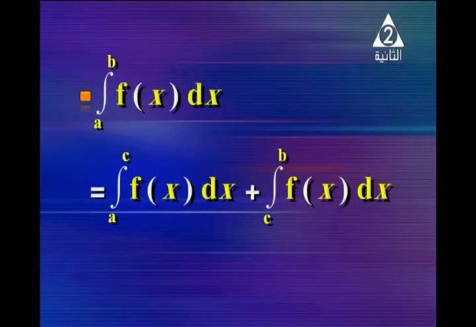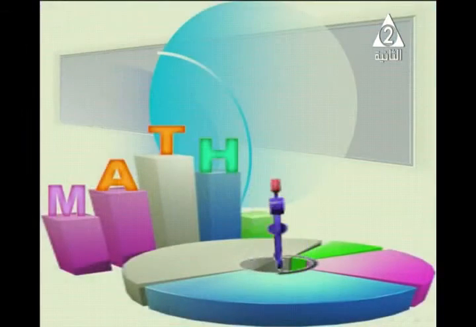If you have a point c in the open interval a, b, then the integration from a to b of f of x dx equals the sum of two integrals: the first from a to c, the second from c to b, of the function f of x with respect to dx.